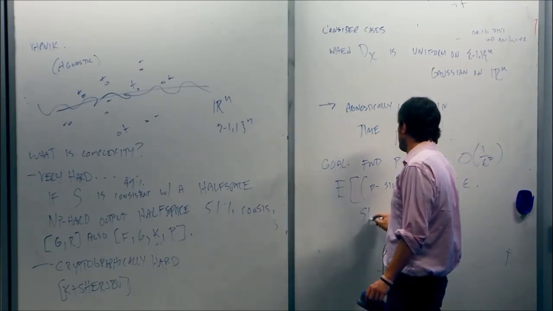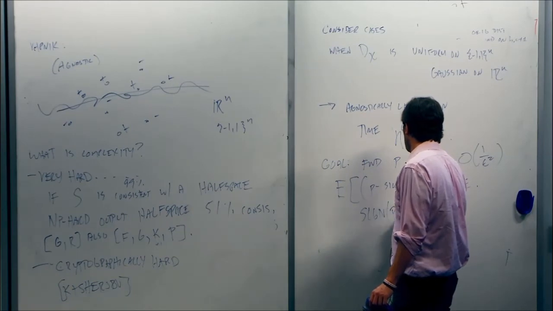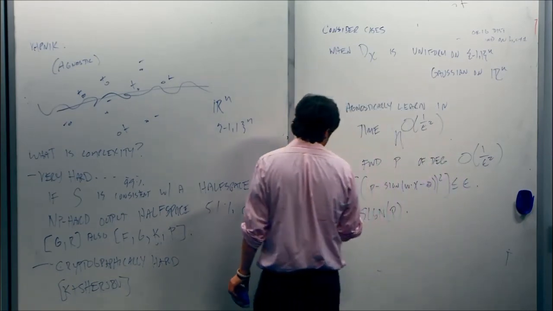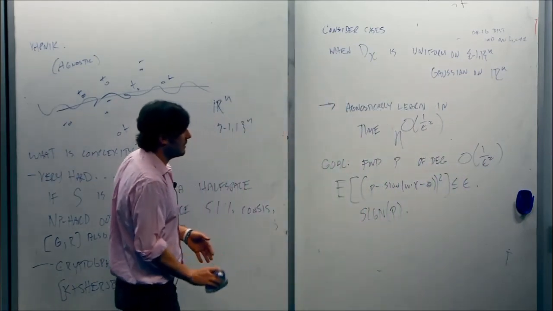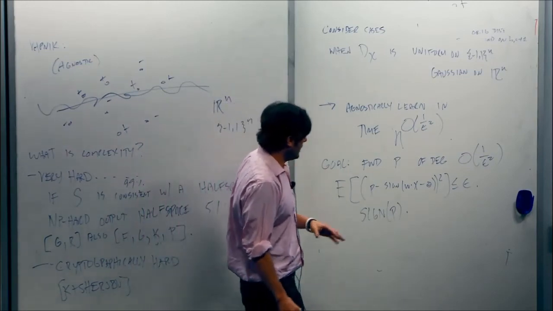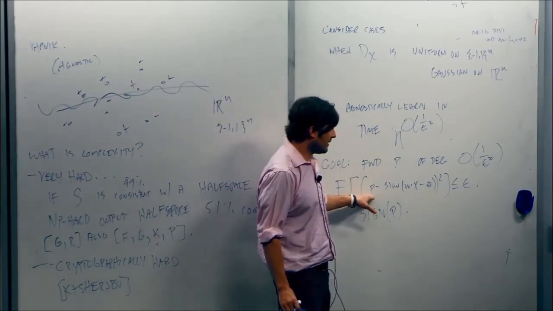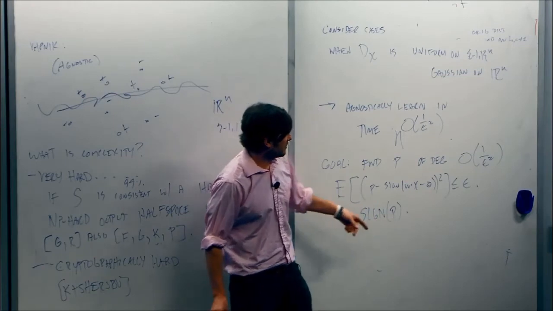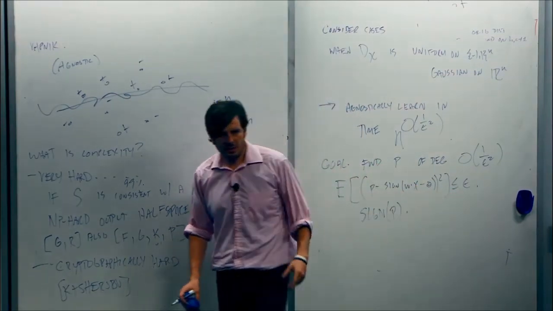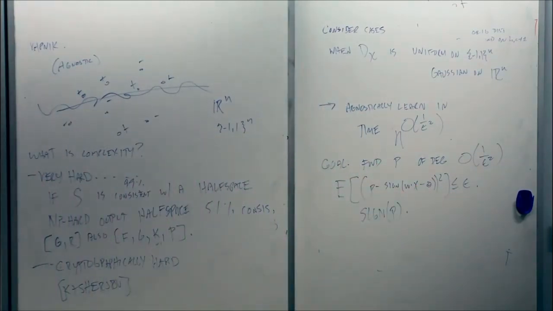And then we'll output the sign of p. Just keep in the back of your mind, as long as you have a polynomial approximator, you can do agnostic learning in time exponential in degree. And so this is really what we're interested in.